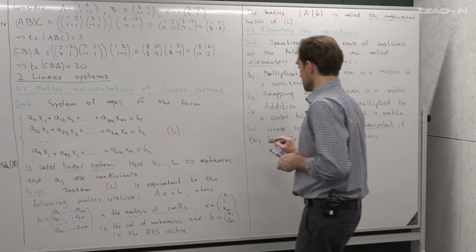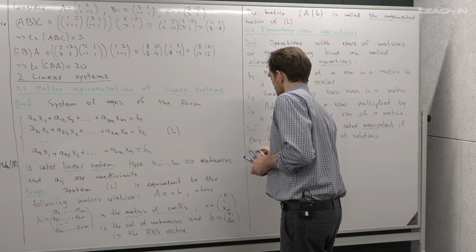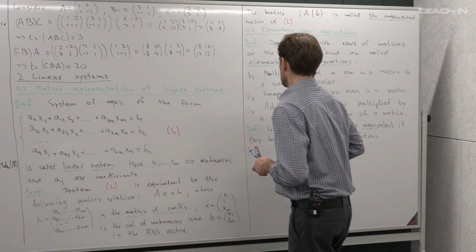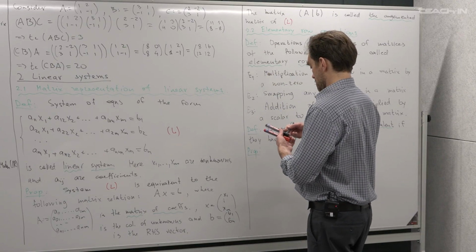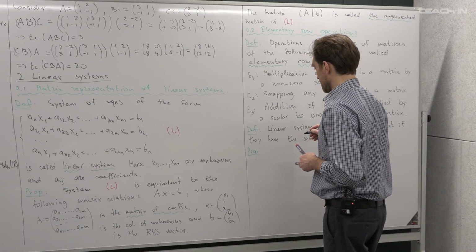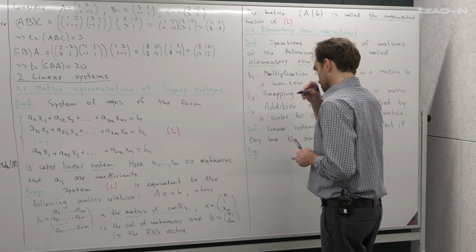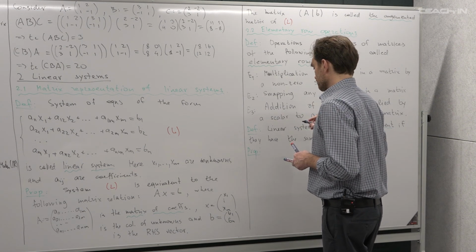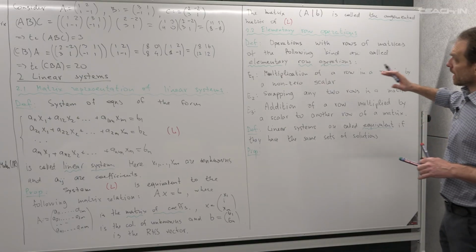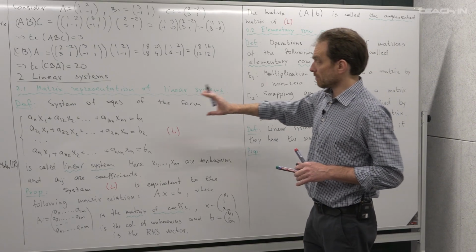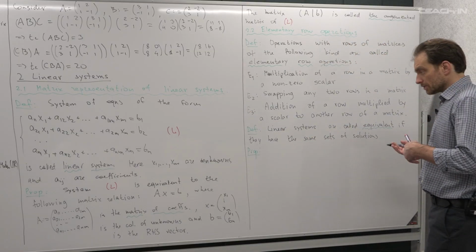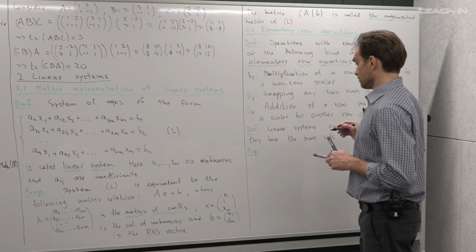Okay, and so now we'll prove a simple proposition. So this proposition states that when we apply elementary row operations to the augmented matrix of our system, the new system is equivalent to the previous one.